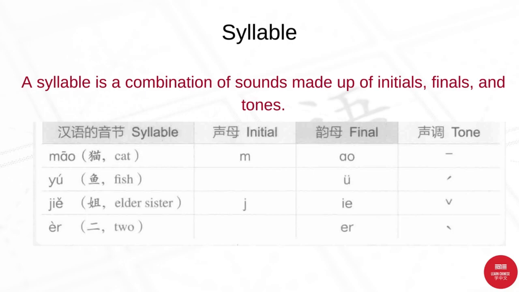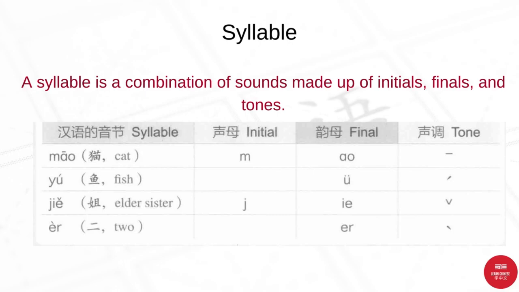So the first syllable is mao. In that, the initial is m, the final is ao, and the given tone is the first tone. So it is pronounced as mao. The second is yu. Here there is no initial, only a final. That's pronounced as yu, and the given tone is the second tone. This means fish. The third syllable is jie. Here, the initial is j, the final is ie, and the given tone is the third.